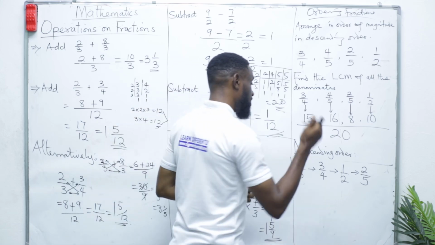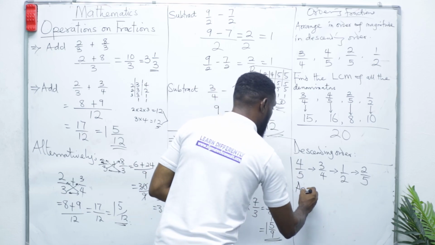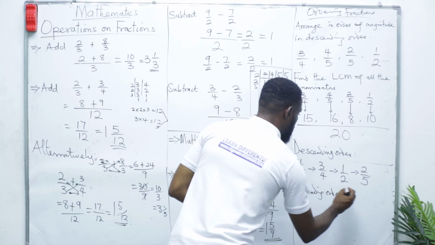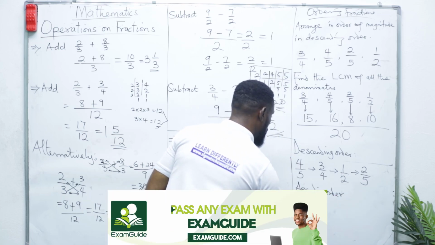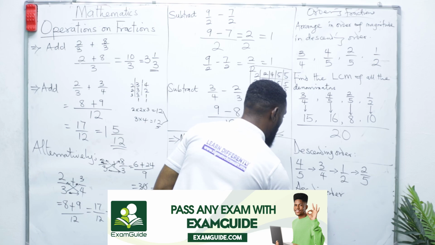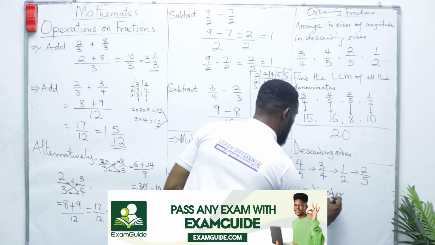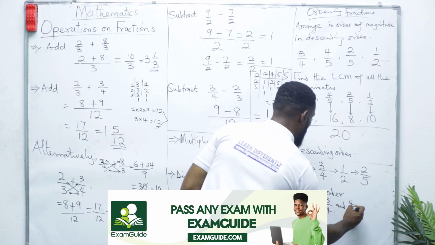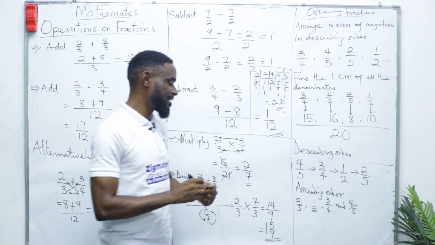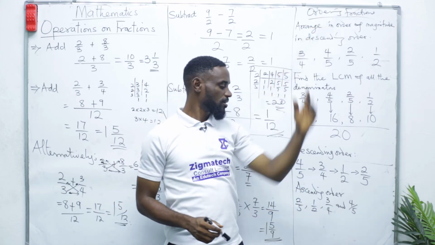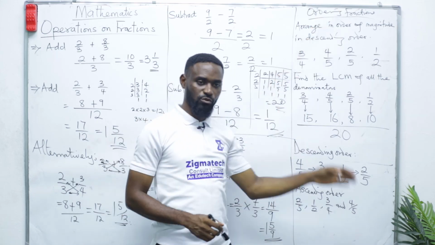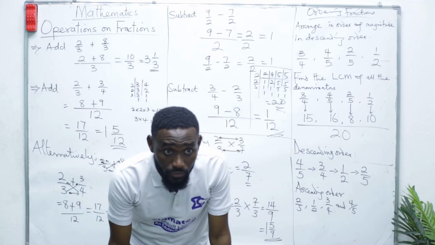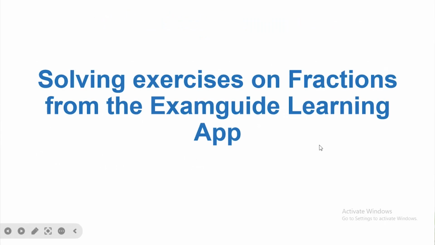It would have been 2 over 5, 1 over 2, 3 over 4, and 4 over 5. This is ascending from least to highest. Descending from highest to the least. All right? So that is how to order fractions. Okay, let's move to the next one.